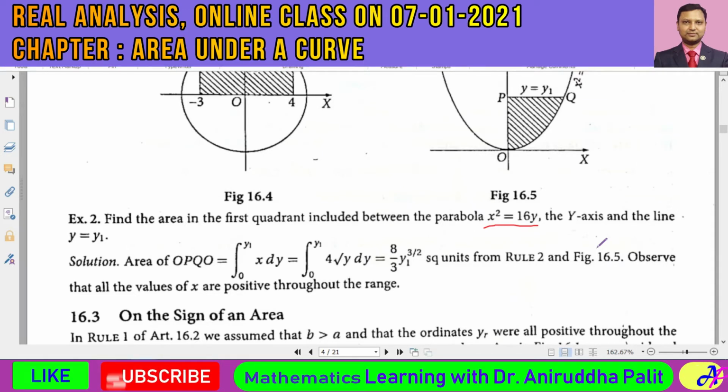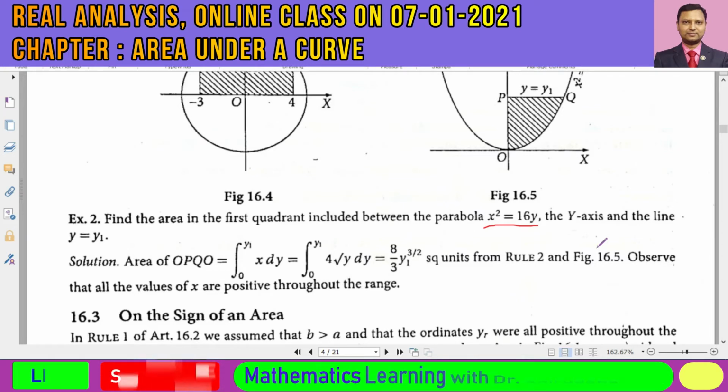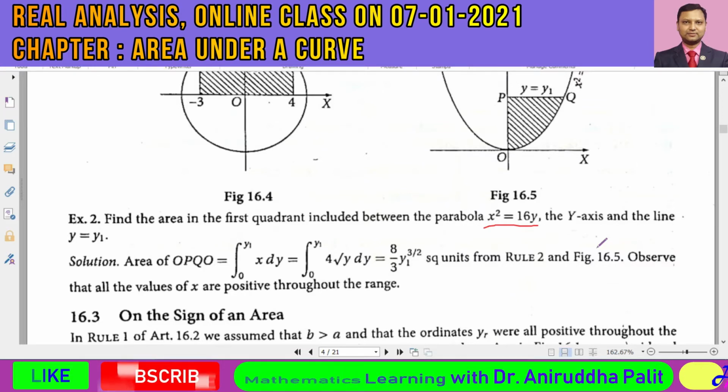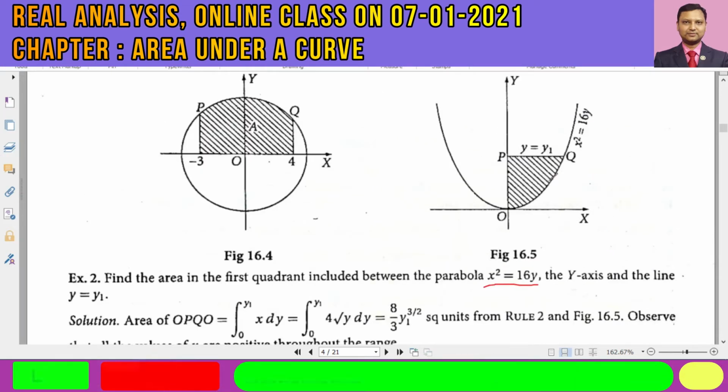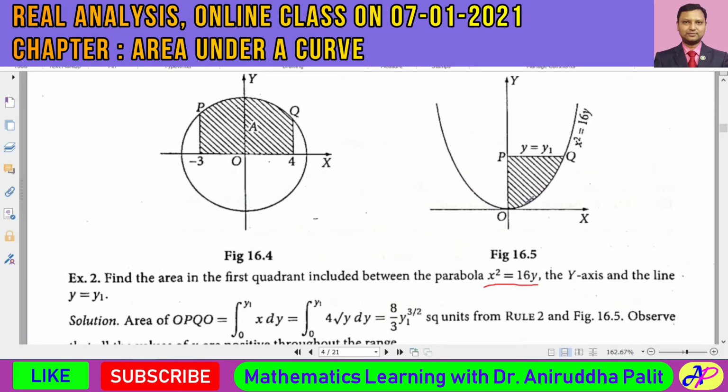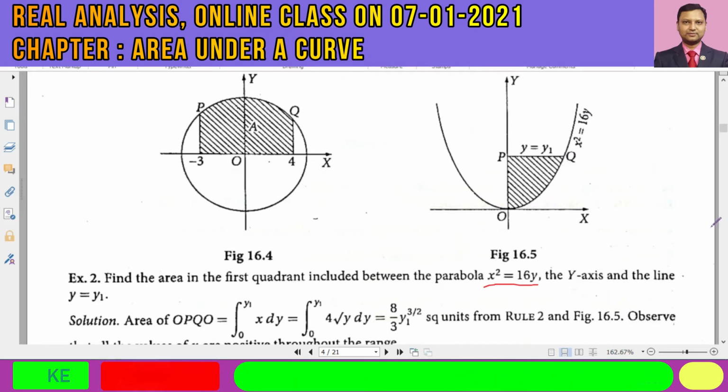It says find the area in the first quadrant included between the parabola x square is equal to 16y, the y-axis, and the line y is equal to y1. So this is the curve x square is equal to 16y. This is the equation. This is the curve of the parabola x square is equal to 16y.